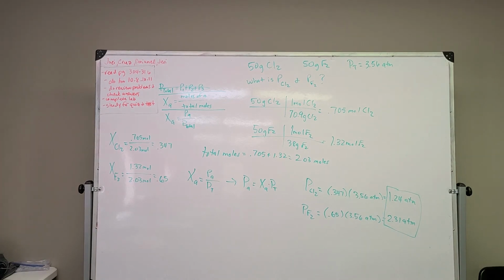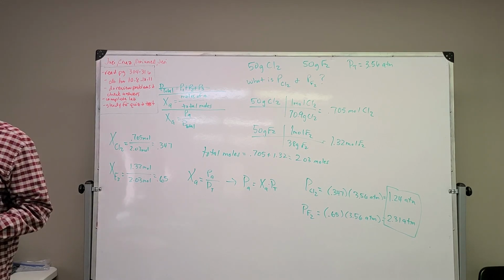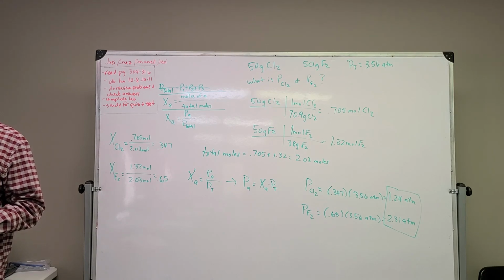So that's a little longer process. Did I lose you anywhere along the way? Anything not make sense? You see why we had to take that path? Does that make sense?